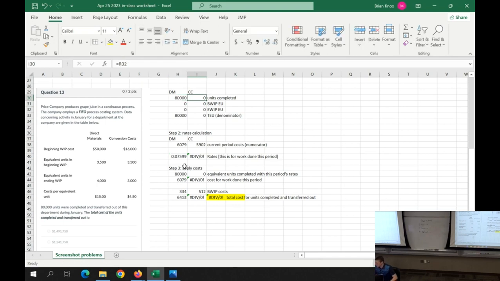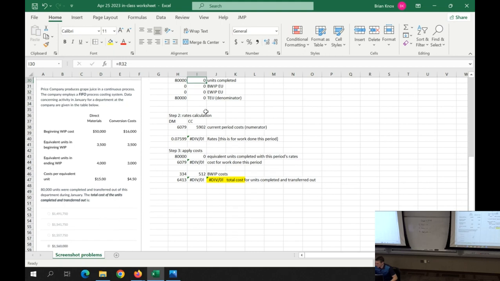So I can fill in so many of these lines here by simply copying over. Our step 1 stuff is done for us, but copy over information. 3,000. Because we're going to want it later. I don't know what the current period cost is, but I know what the ending rate was. I'm going to destroy this equation. I'm going to put in the rates they gave me. $15 is the ending rate, and 4.5. I'll get rid of these numbers. We don't know what the current period costs were. But we know that the rates ended up being this.